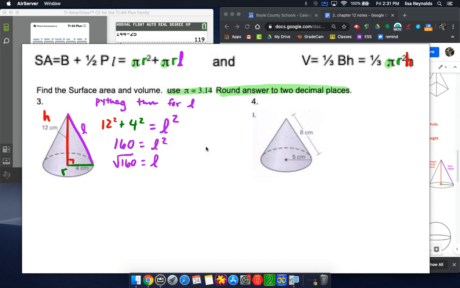Now for the surface area formula, we're going to put in 3.14 for pi. Our radius value is 4. It gets squared. Then we do plus our 3.14 for pi times our radius value of 4 times our slant height value of the square root of 160.